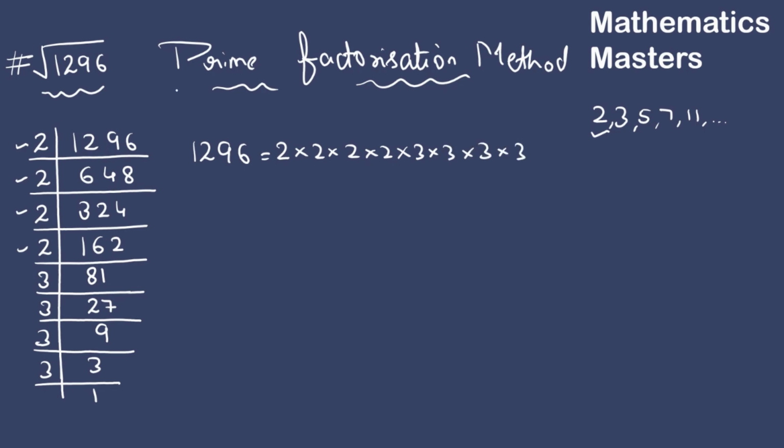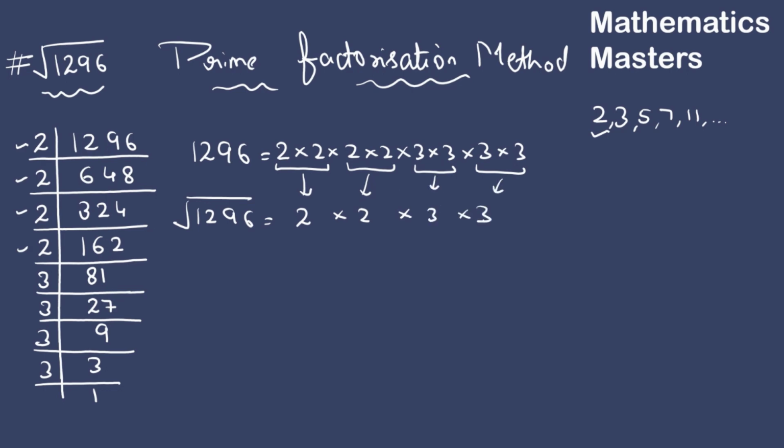Now to calculate the square root, we'll write the square root of 1296. As previously, we'll make pairs of the numbers and take out one number from each pair and multiply. So 2 from the first pair, 2 from the second pair, from the third pair we have a 3, and from the last pair we again have a 3.